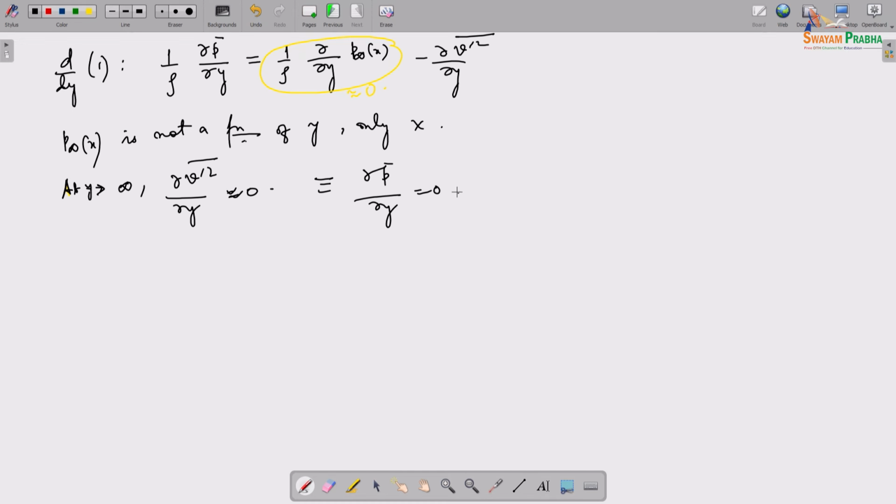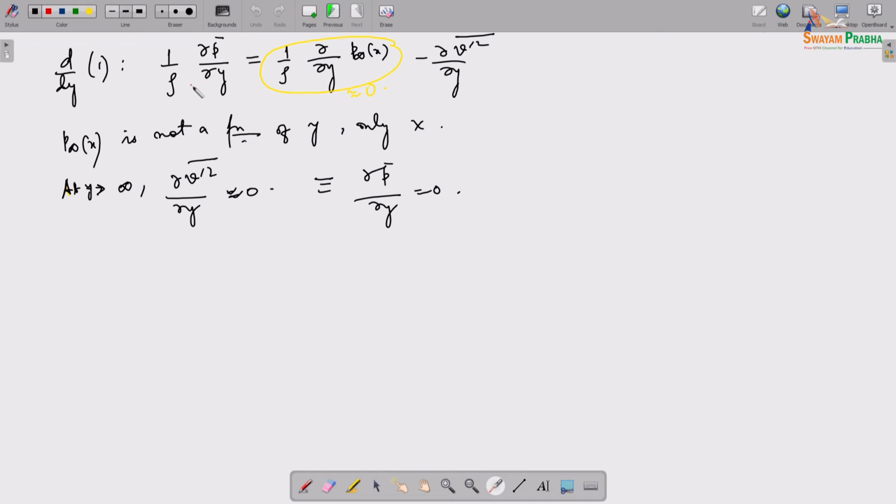Now, this is the derivative of the mean pressure.